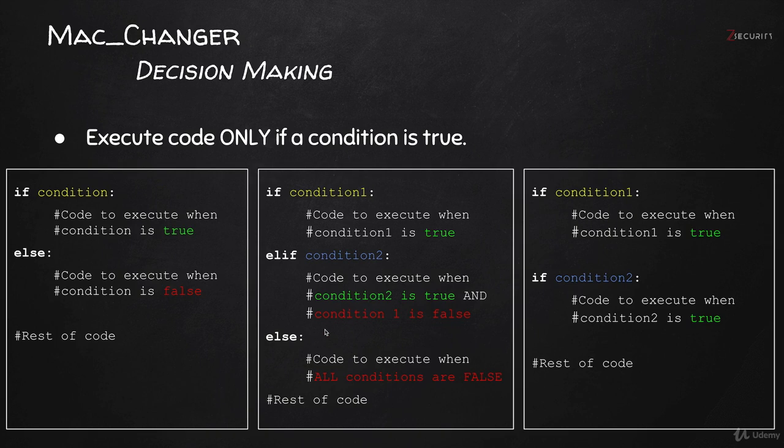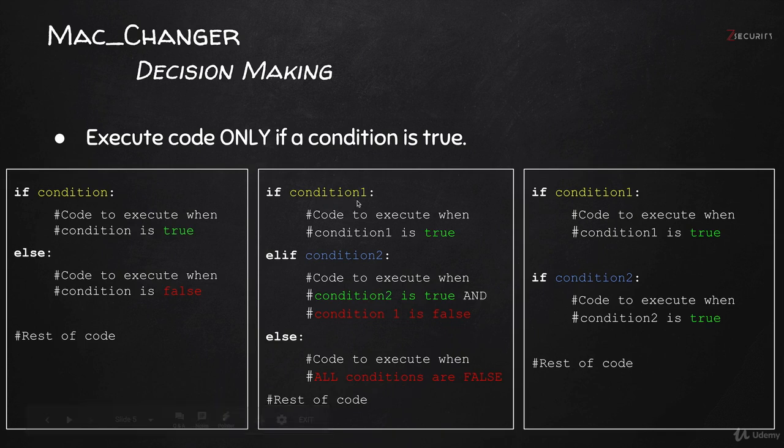So let's go over this one more time. In this statement, we have multiple conditions. It'll first check the first condition. If it's true, it'll execute the code in the first condition block, and it'll exit everything else. It won't check any of this, and it'll go directly to the rest of the code.